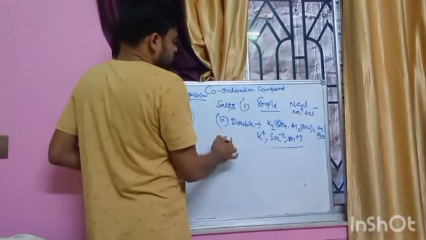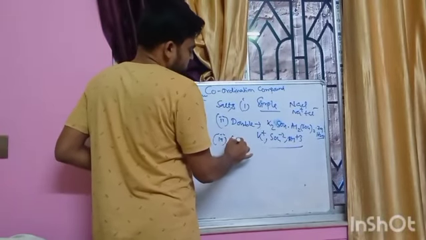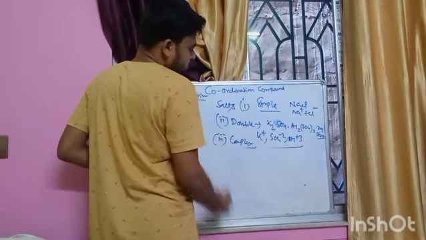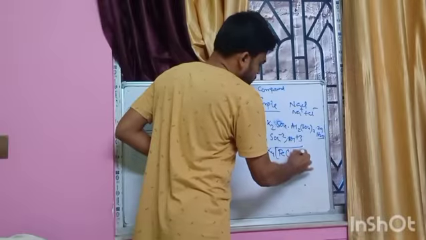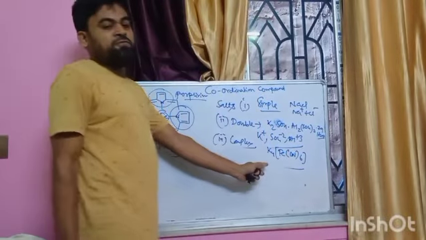But in the case of a complex salt, an example is K4[Fe(CN)6].